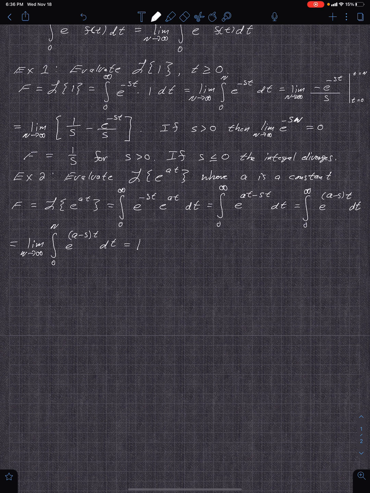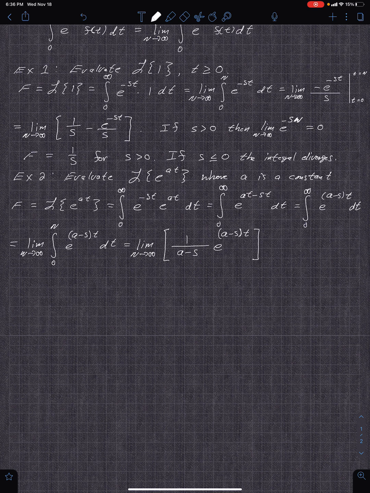So you get the limit as n approaches infinity of 1 over a minus s times e to the a minus s t.